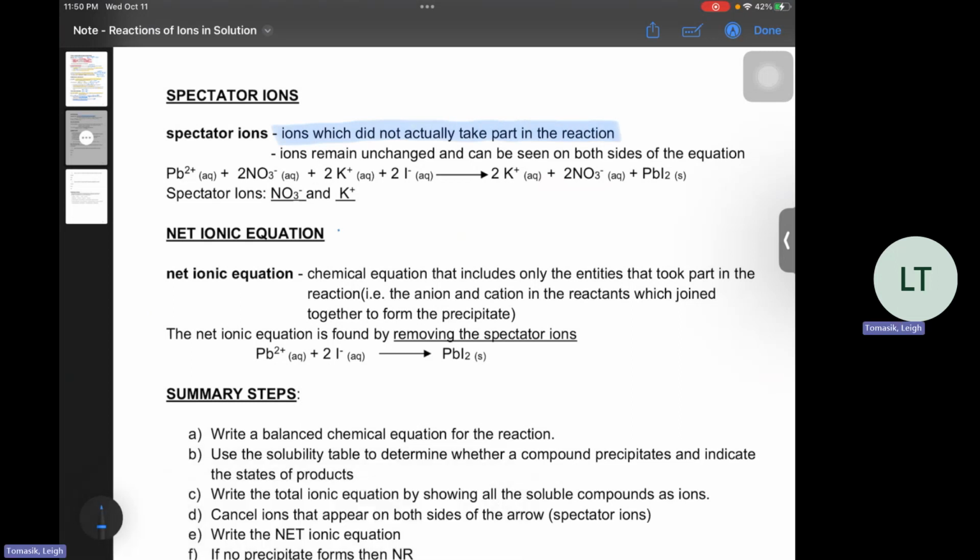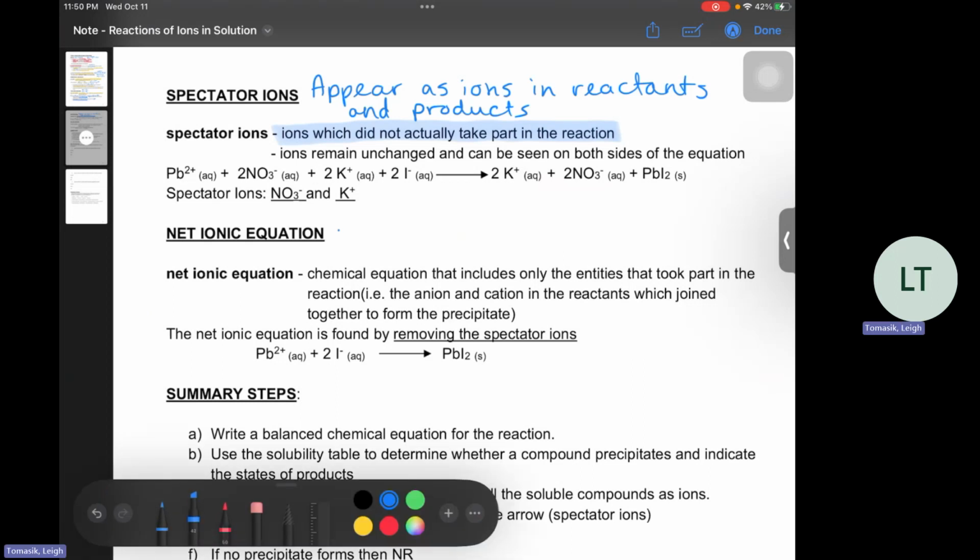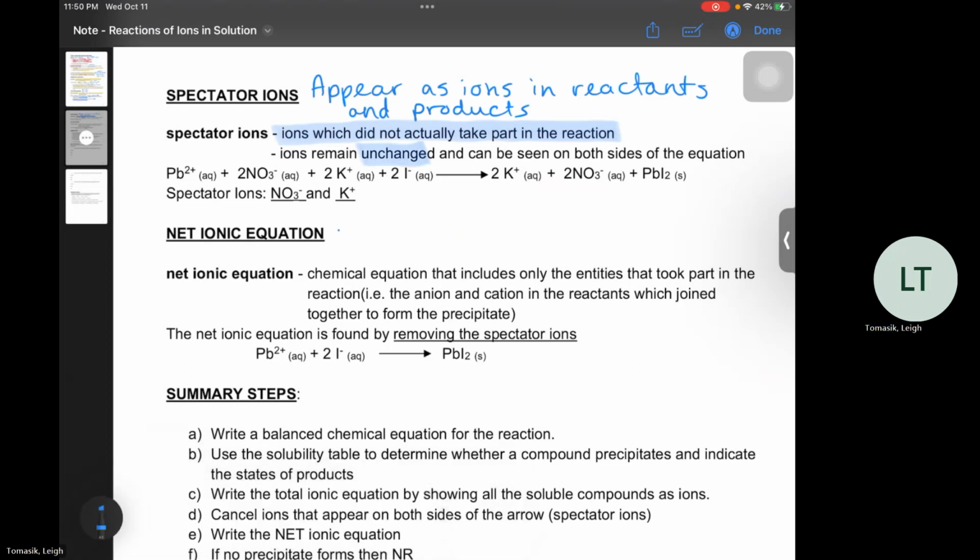So they appear as ions in reactants and products. Right? So they remain unchanged. Okay? So we can see them on both sides of the equation.